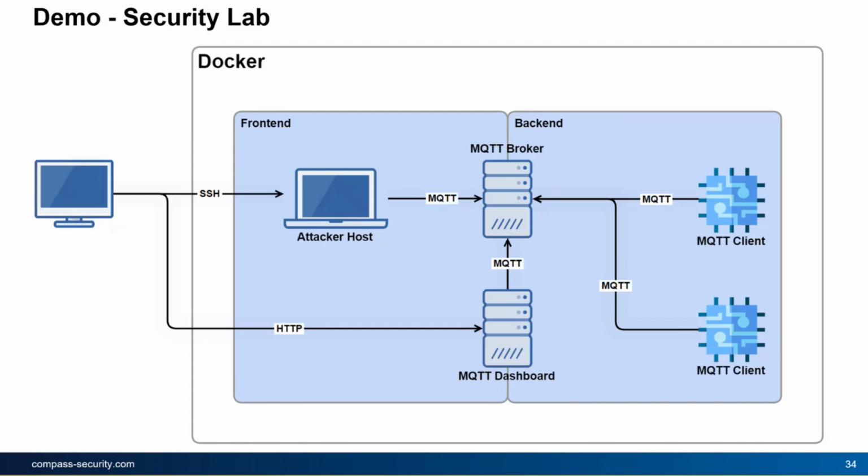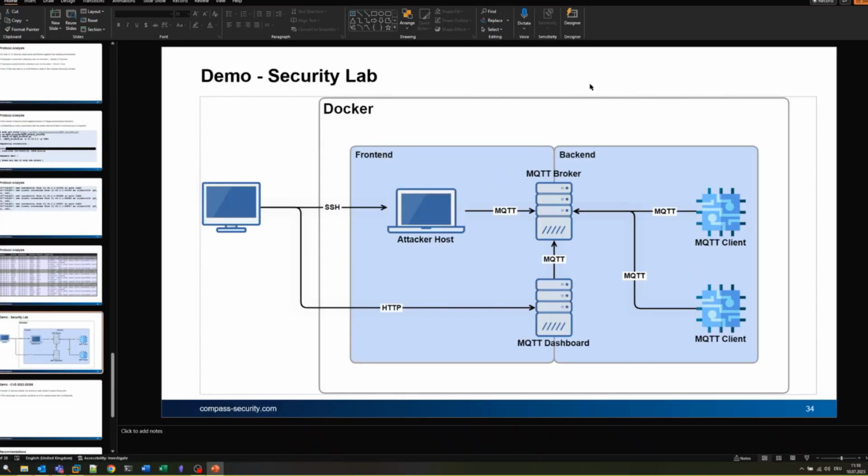And we have a backend which has 2 MQTT clients which send different information to the MQTT broker. We also have a dashboard which connects to the broker and displays the information in a nice dashboard, which can be accessed via HTTP. But for the demos I'm going to show you, this is not so relevant.